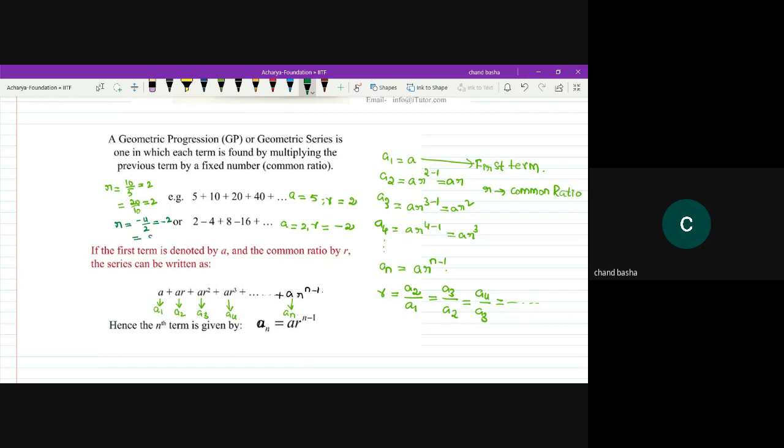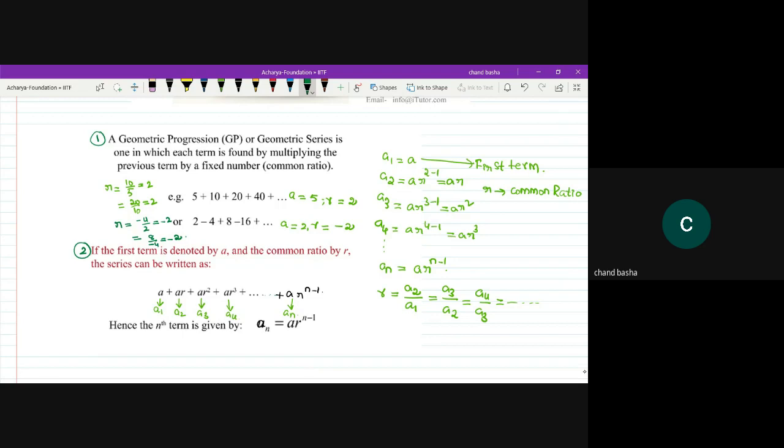If you want, you can take 8 divided by minus 4, you will get minus 2. The ratio is common, or we can call it fixed. If the common ratio is fixed, or each number can be obtained by multiplying with one fixed constant, then the given series is in GP, the geometric progression.